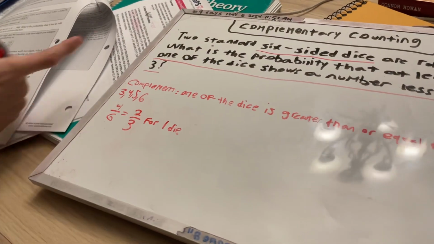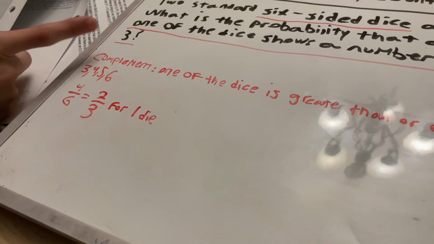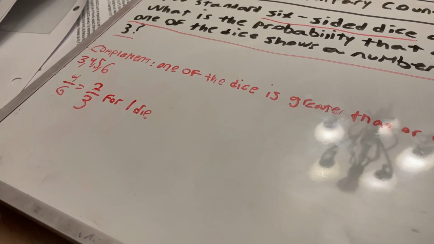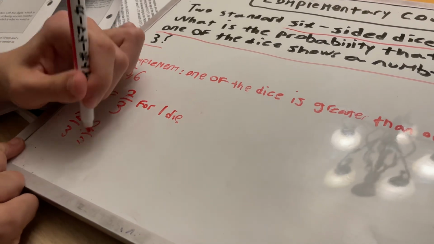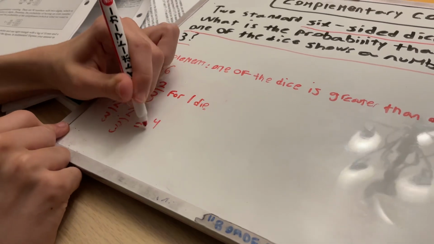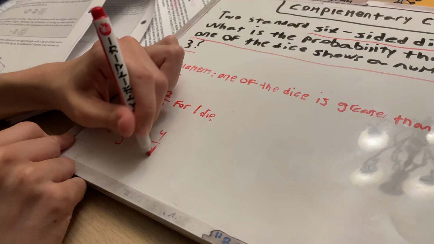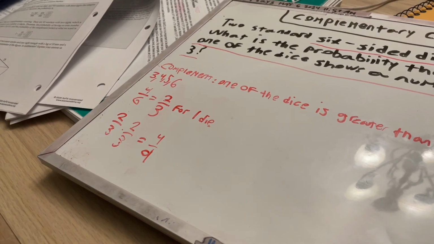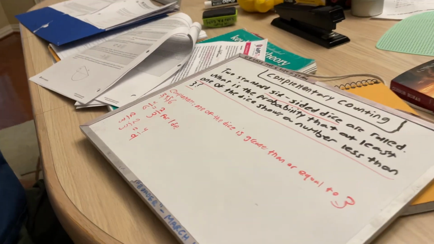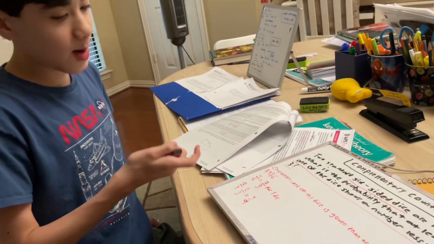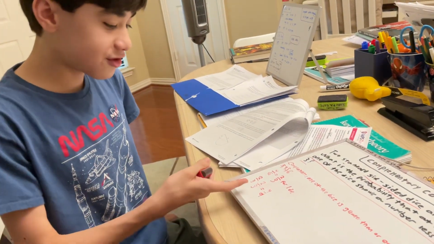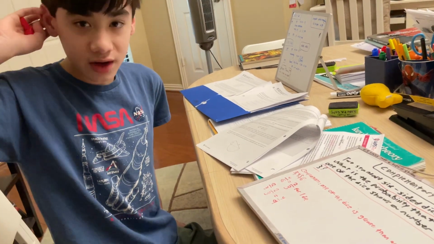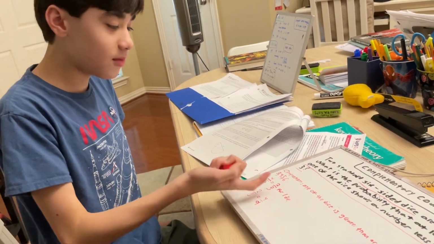Since they want the probability for 2 standard 6-sided dice, we do 2/3 times 2/3 to get 4/9. But that's still not the final answer, because in any complementary counting problem, once you find the probability of both the dice, you have to subtract it from 1, because remember, this is the complement.